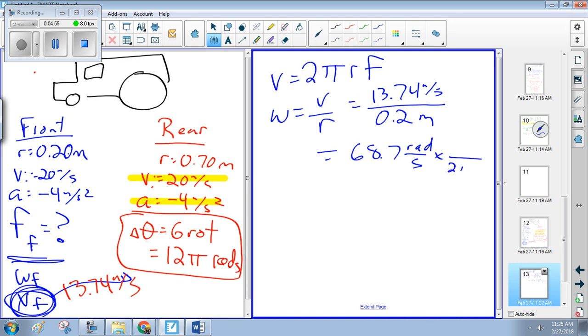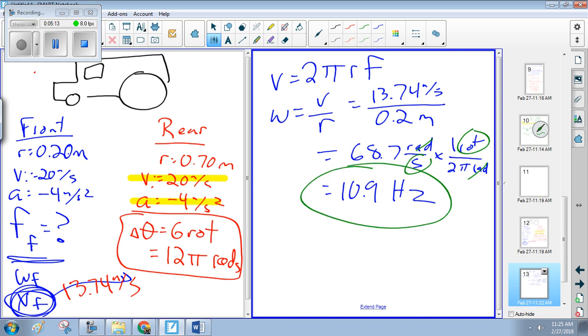So 2 pi radians is 1 rotation, so divide that out and you get 10.9 rotations per second, which is 10.9 hertz, right? Because radians cancel and you get rotations per second. All right, so there you go. That's how you do number 2.